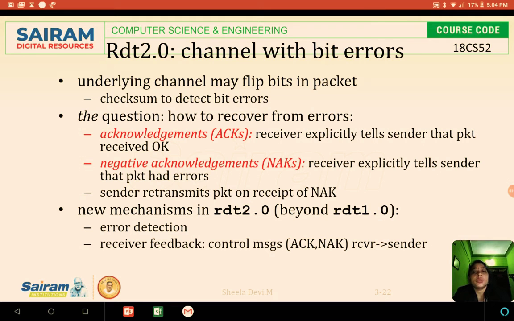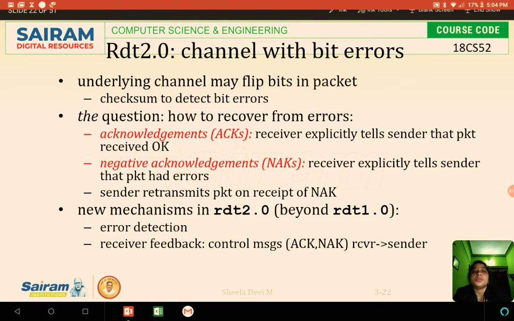Negative acknowledgement: if the receiver finds that the data is not correct, then it gives the negative acknowledgement. The sender retransmits the packet on receipt of a negative acknowledgement. So the new mechanisms in RDT 2.0 are two things: one is error detection, and the other is receiver feedback, that is acknowledgement and negative acknowledgement.